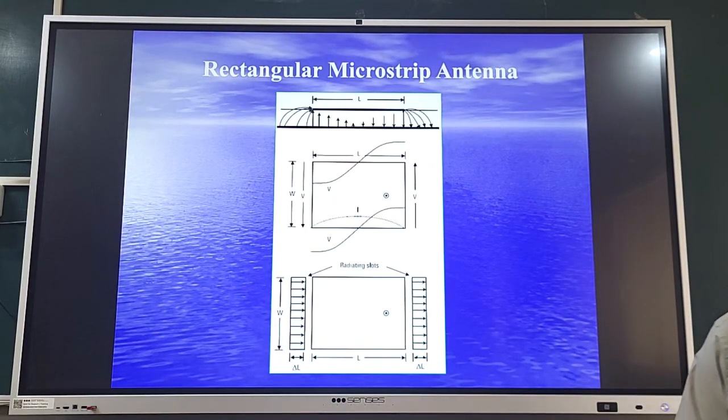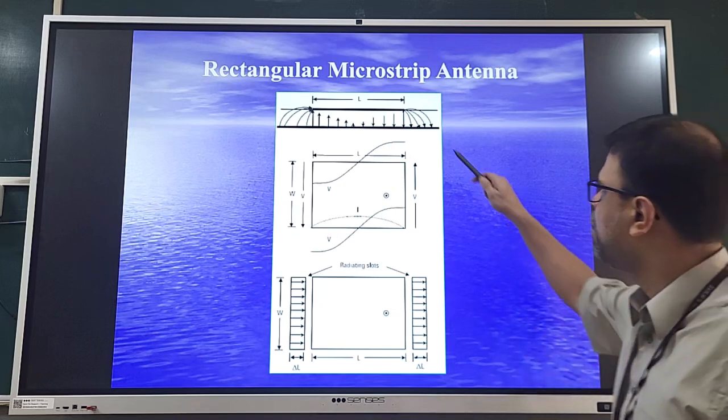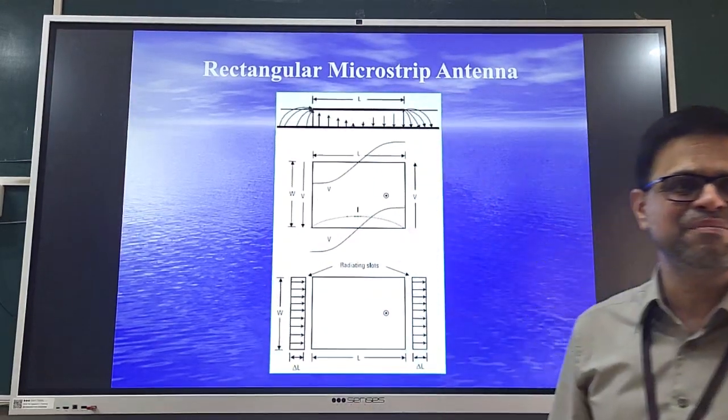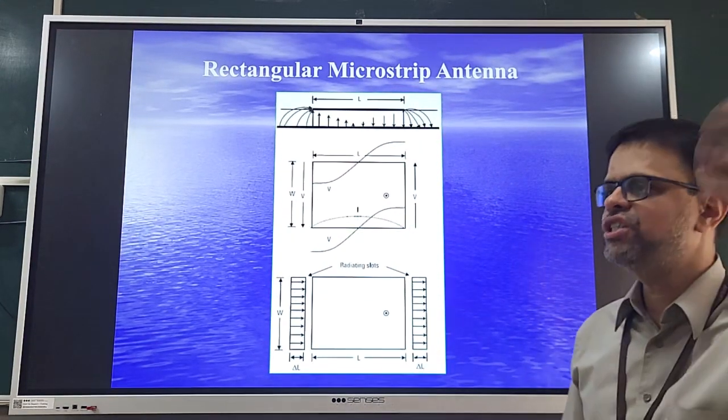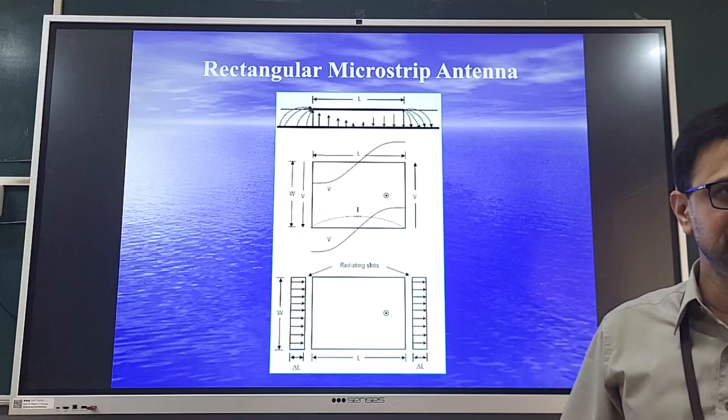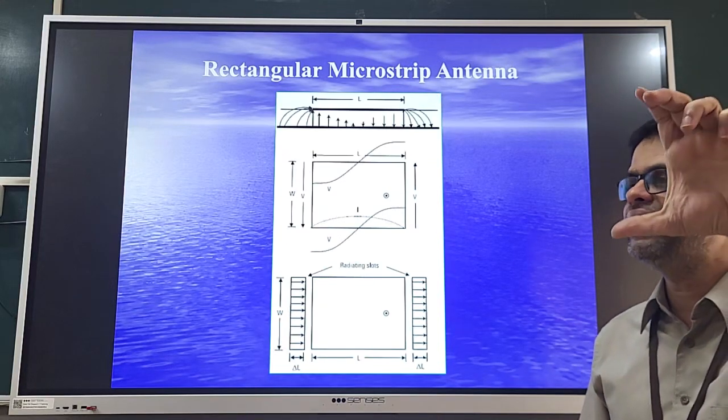So here you need to have an assessment of the fringing field distribution in view of calculating the width. Because ultimately what you are going to find out is the length and the width. So you have to have some kind of assessment of what the fringing fields will be in your rectangular cavity.